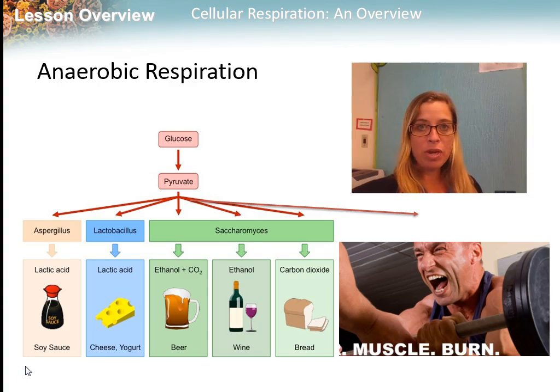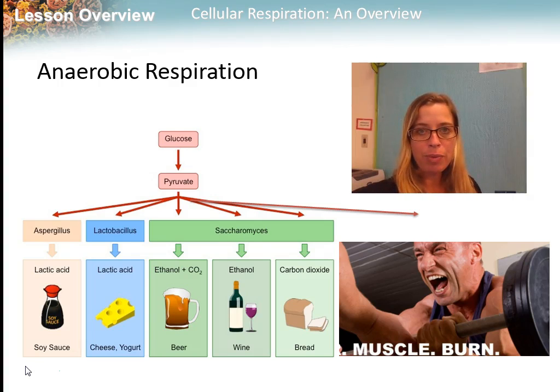Okay, so now we know how organisms break down their glucose with plenty of oxygen. But what happens when you're working out really hard and you deplete your muscles of oxygen? Or what happens to other organisms when they're in a non-oxygen environment? Well, in that case, organisms use anaerobic respiration.